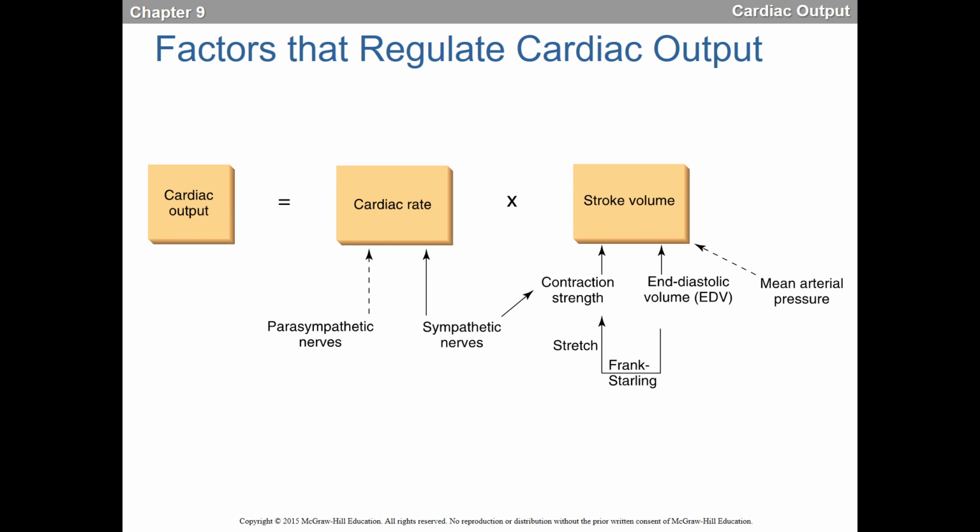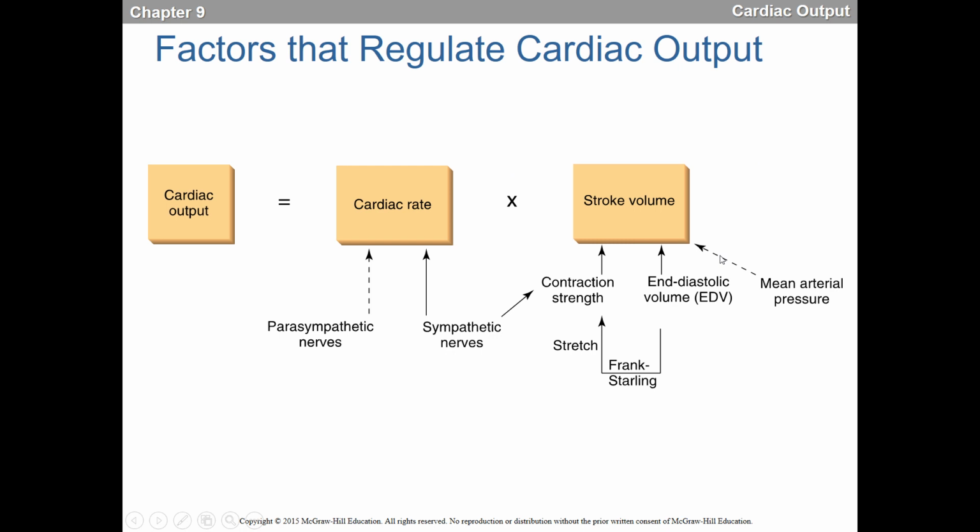I wouldn't say it's simple, but these are more or less all of the factors that are impacting cardiac output. Parasympathetic nerves reduce heart rate. Sympathetic nerves increase heart rate. Sympathetic nerves also increase contraction strength, and increased contraction strength will increase stroke volume.